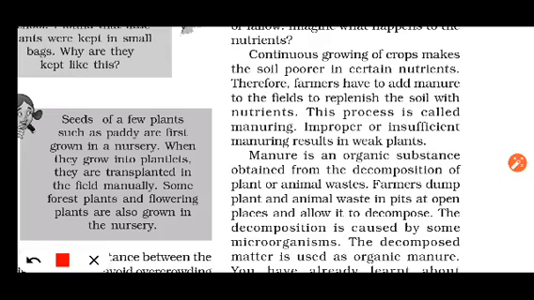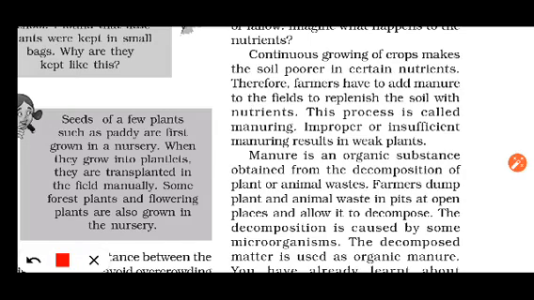Continuous growing of crops makes the soil poorer in certain nutrients. तो soil में कुछ particular type of nutrients की क्या हो जाएगी, कमी हो जाएगी.